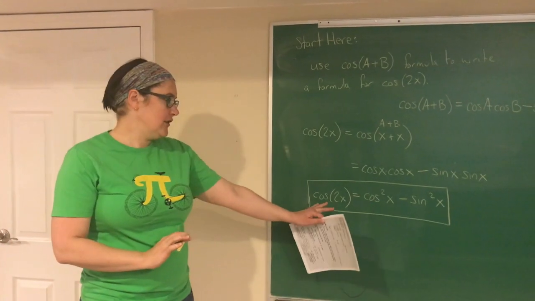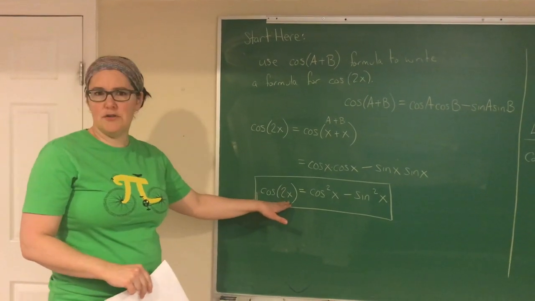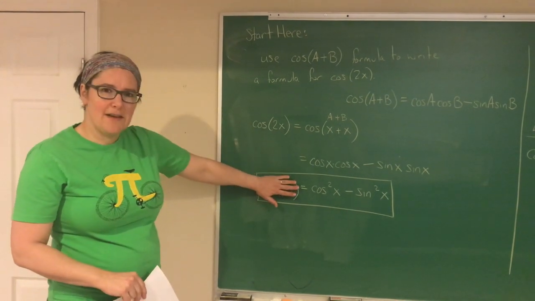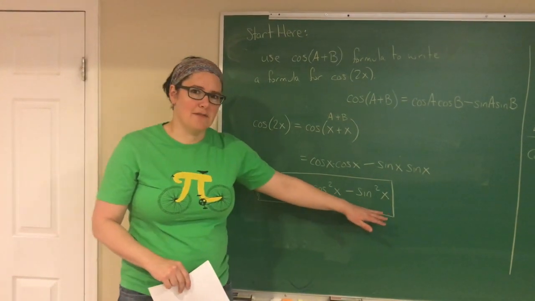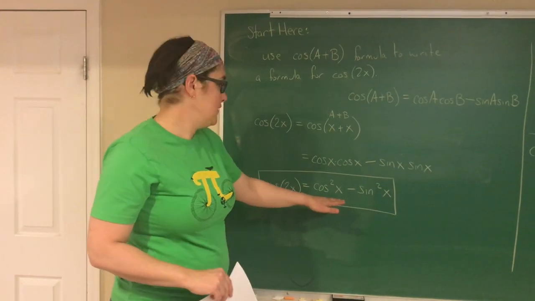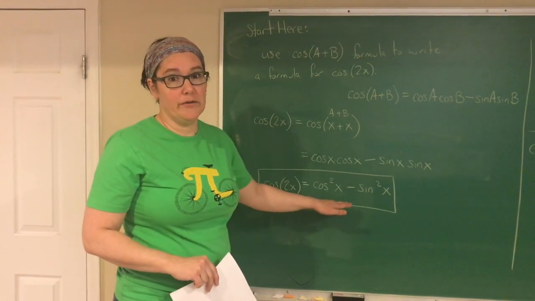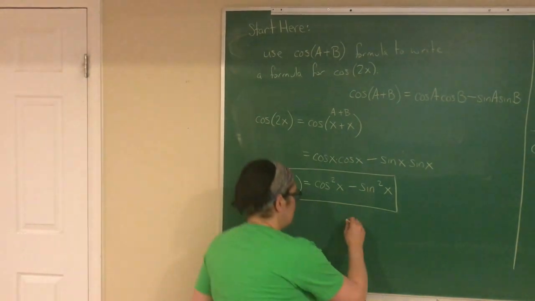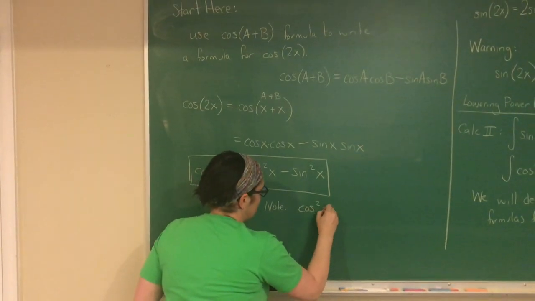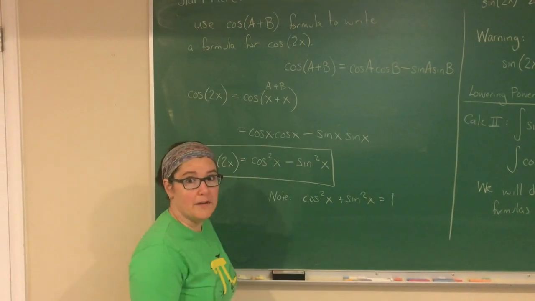Take a second and look at this identity. This is a second double angle identity because we have a 2 times the angle inside the parentheses. If I cover up this left-hand side and squint at the right side, this right side almost looks like the most awesome trig identity in the entire world, which, as you know, is cosine squared x plus sine squared x equals 1.